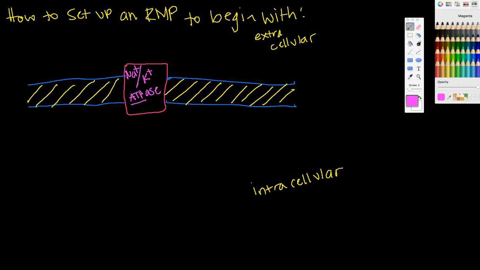So here's how this works. One ATP, let's make ATP lime, is turned into ADP and inorganic phosphate, which we're going to call Pi, releasing a burst of energy.